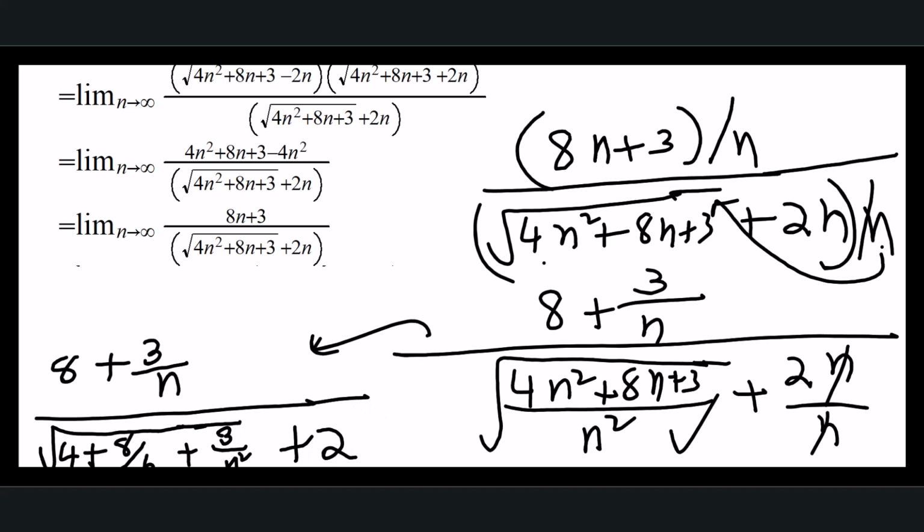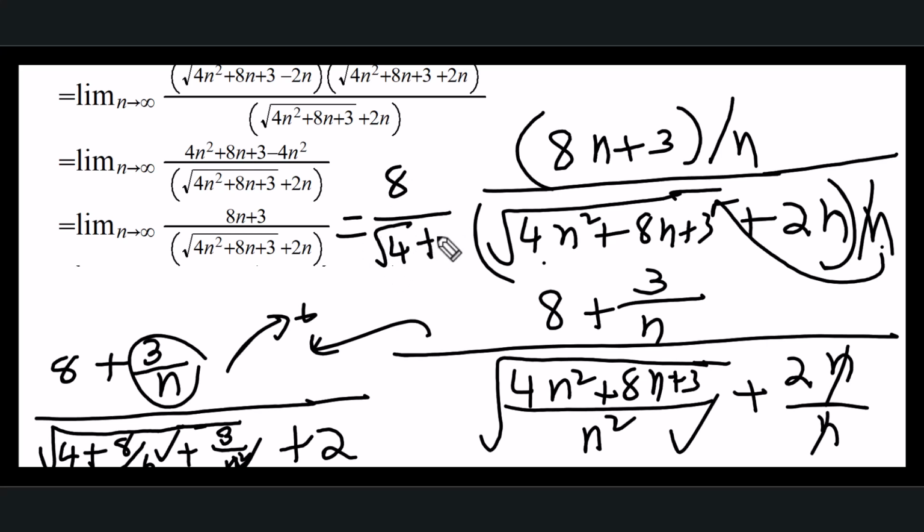Plus a 2. So what happens as n goes to infinity? This goes to 0, and these two terms will go to 0. So we will have 8 over the square root of 4, plus 2. So the final answer here is going to be 2.